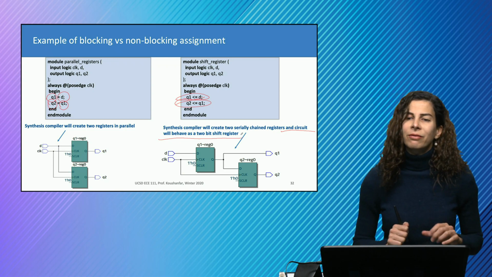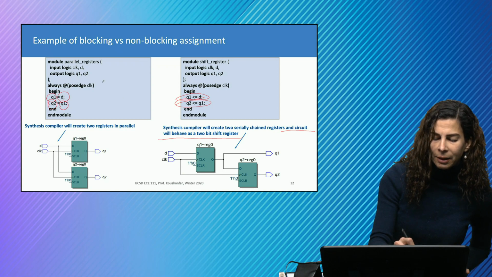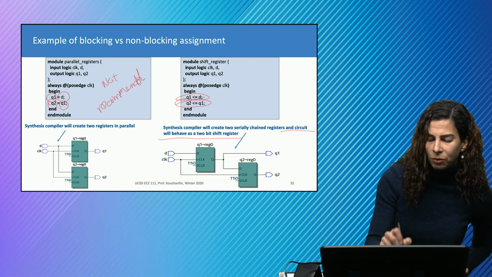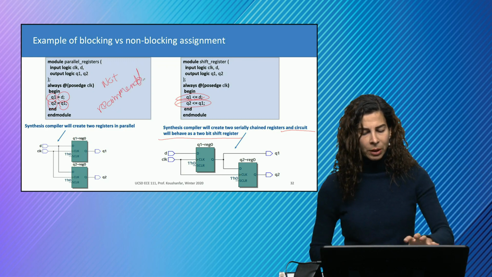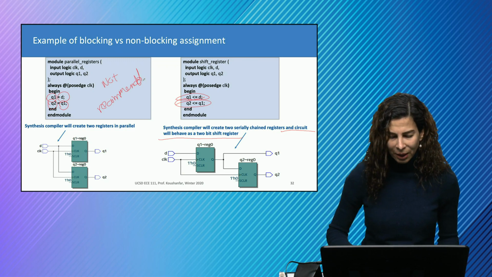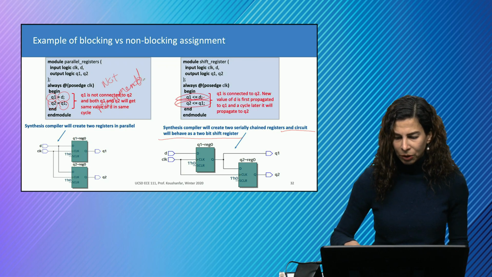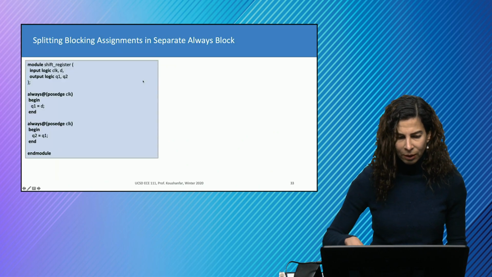One thing I want to emphasize is that this coding style is not recommended. It's easy to see why, because we don't want to talk about registers and use blocking assignments with them. So this could generate hazardous situations.